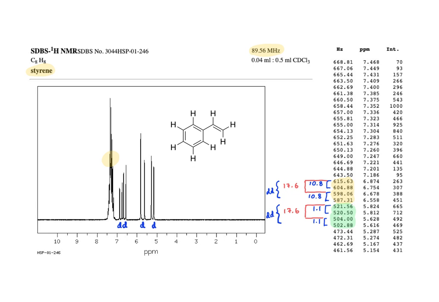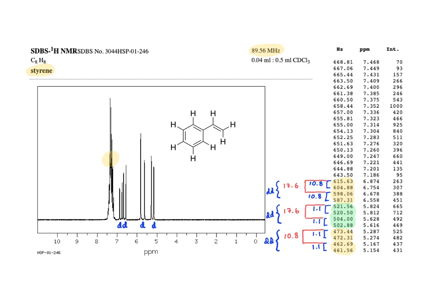The remaining apparent doublet also has 4 lines associated with it. The first two are separated by 1.1 hertz, and then the difference between these two is about 10.8 hertz. So this is also a doublet of doublets. We can assign each of the hydrogens of the alkene of styrene.